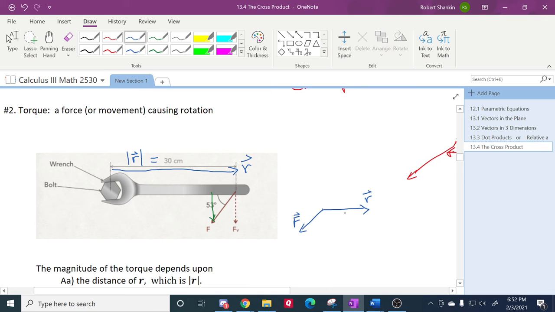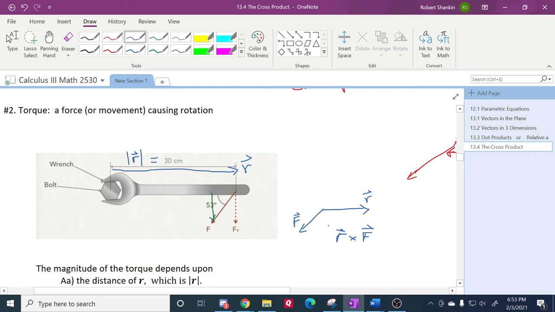So if we did R cross F, and I did it with my right hand, I would have to have my hand such that R cross F would point just like this picture. I would use the right-hand rule and it would point in that direction.